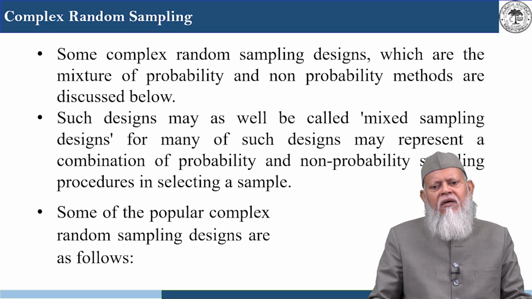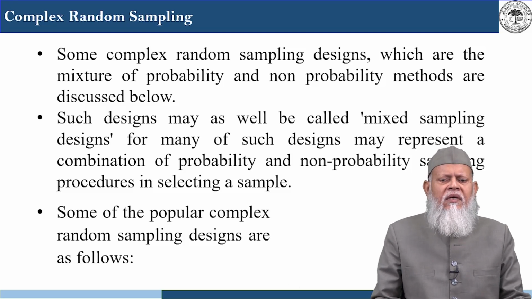In due course of this lecture, we will find that it is a kind of infusion of both, and this is why such designs are called mixed sampling designs, because many such designs represent a combination of probability and non-probability sampling procedures in selecting a sample.